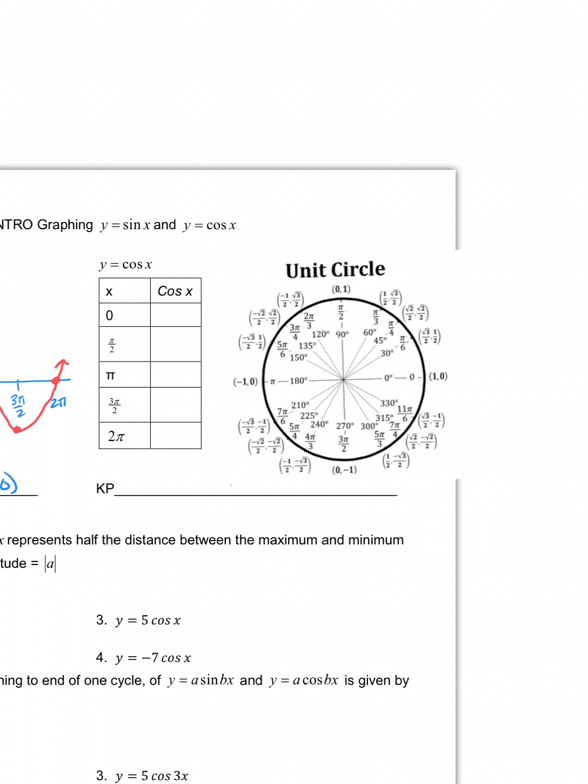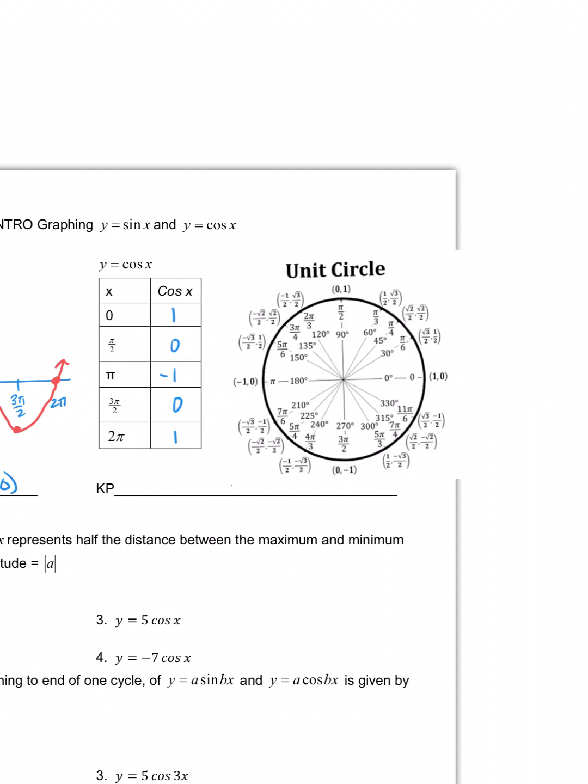So at angle 0, what is the cosine? What is cosine at pi over 2? It's 0. At pi? -1. At 3 pi over 2? Back to 0, and then back to 2 pi, we're at 1 again, aren't we?